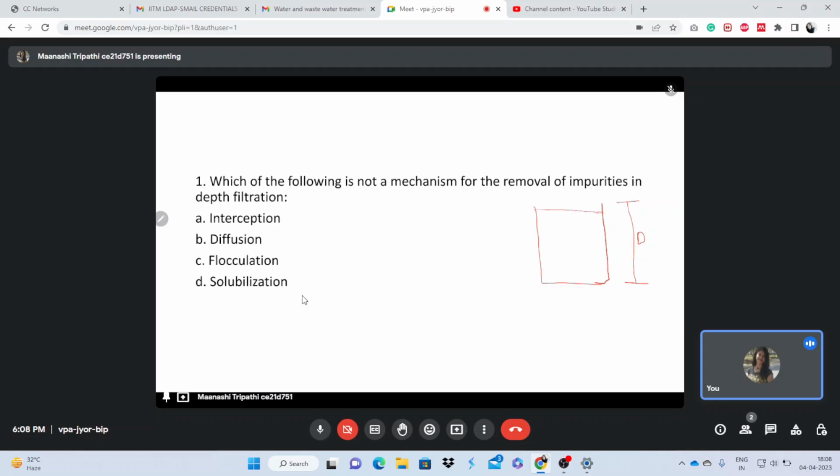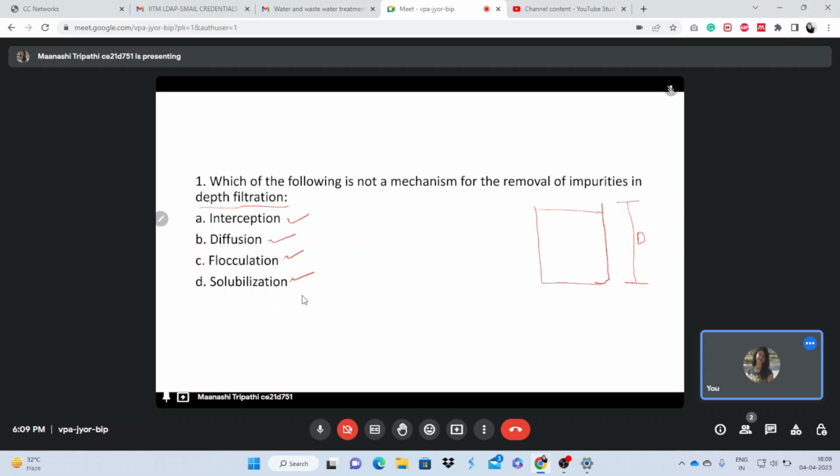So here we are talking about depth filtration. It means the whole depth of the system is used for the filtration. Which of the following is not a mechanism of removal? Interception, diffusion, flocculation, and solubilization.